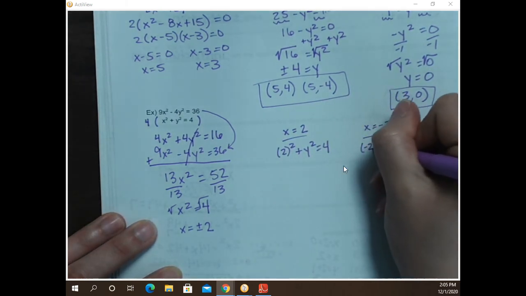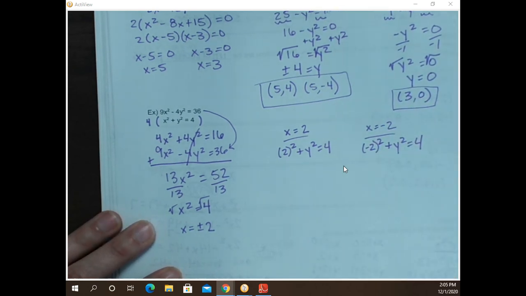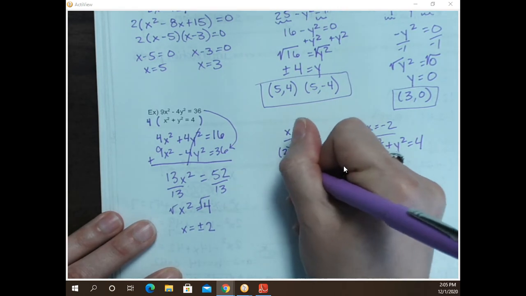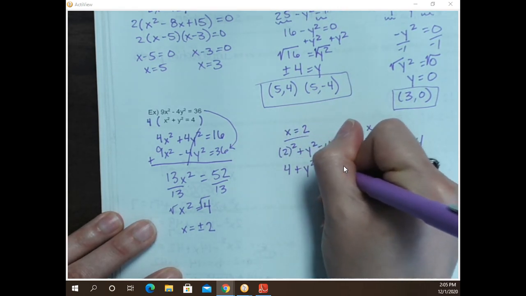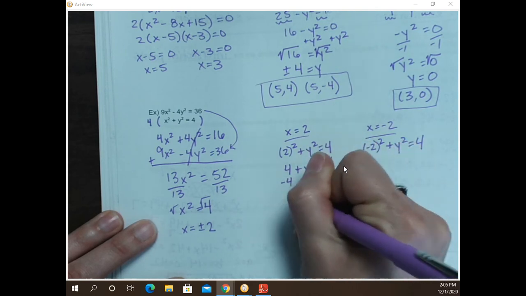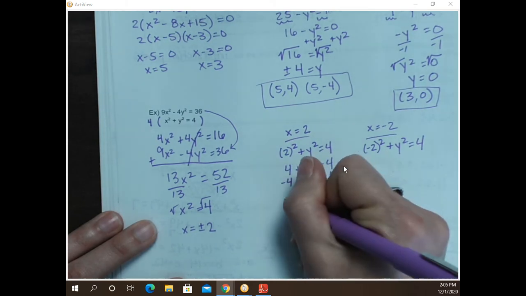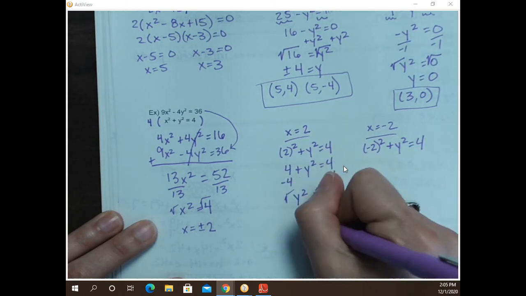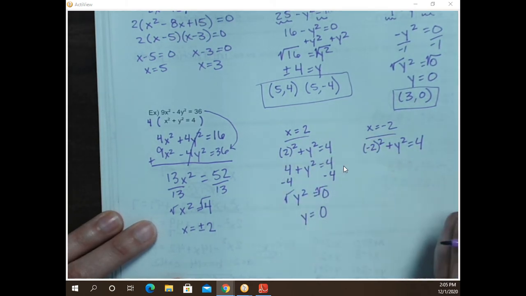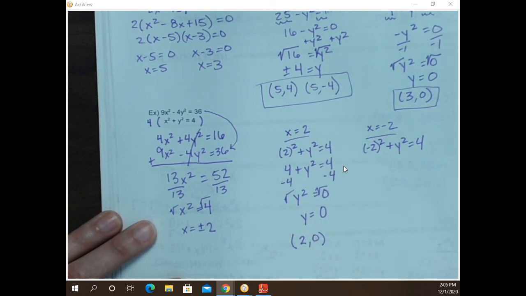And then negative 2 squared plus y squared equals 4. 2 squared is 4 plus y squared equals 4. I'm going to move this 4 to the other side so I can get y squared by itself. So y squared equals 0. I'm going to take the square root to get y by itself, and I get y equals 0. So I have a solution at 2 comma 0.